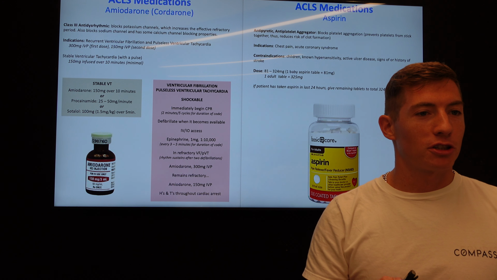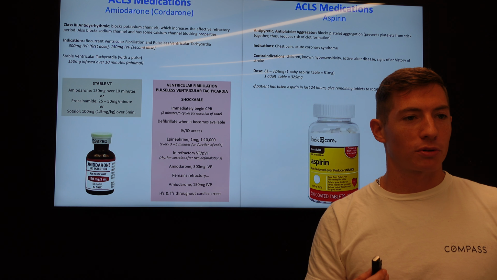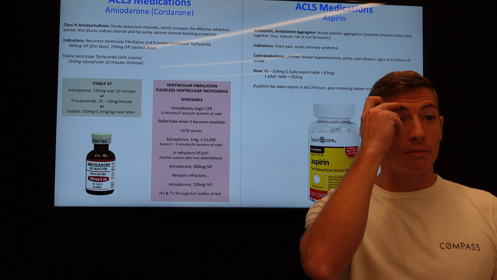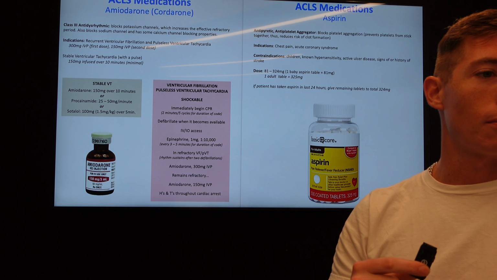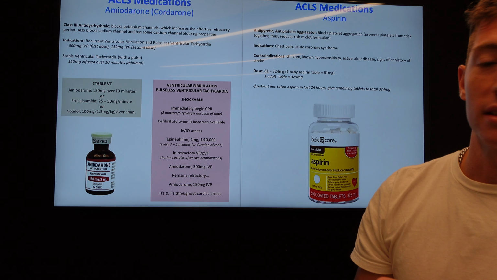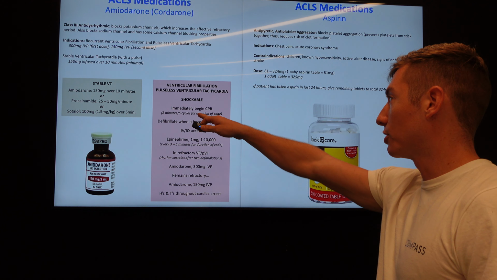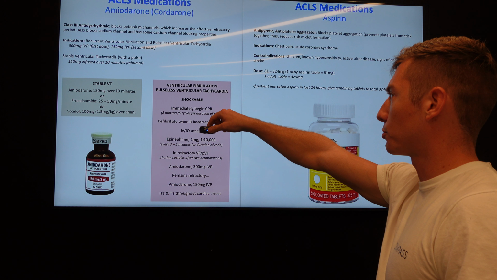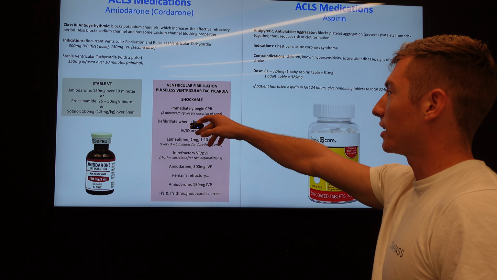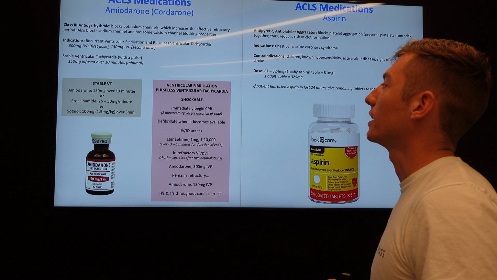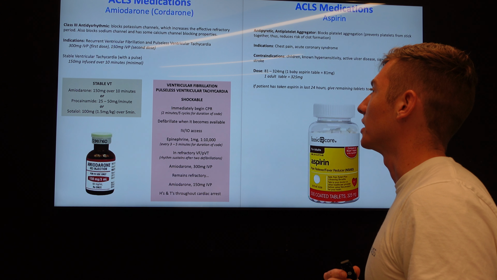Now, if they're in stable ventricular tachycardia with a pulse, we're going to give 150 milligrams infused over 10 minutes. And this is stable ventricular. So amiodarone 150 over 10 minutes, procainamide 25 over 50, and sotalol 100 over 5 minutes.